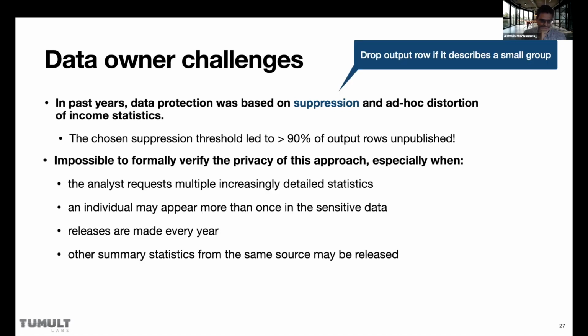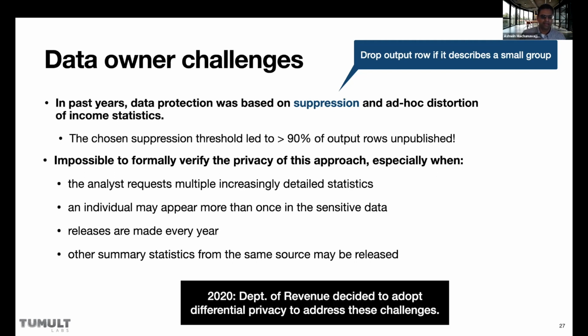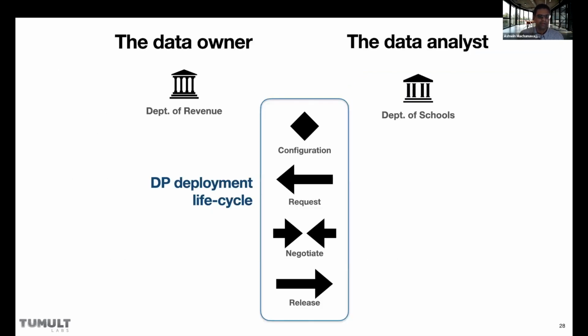It was also impossible to formally verify privacy, because the analysts were asking for multiple data sets which may overlap with each other, individuals appeared more than once in a sensitive data set, and releases are made every year. This is an obvious use case for compositional definitions like differential privacy. And so in 2020, they decided they had to do differential privacy, because they were not able to do anything with their existing techniques.